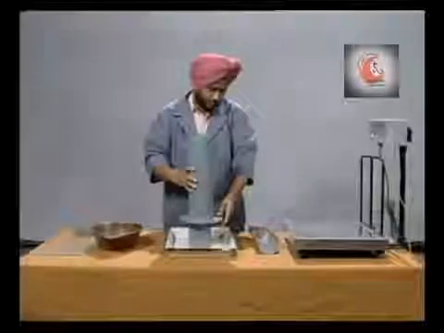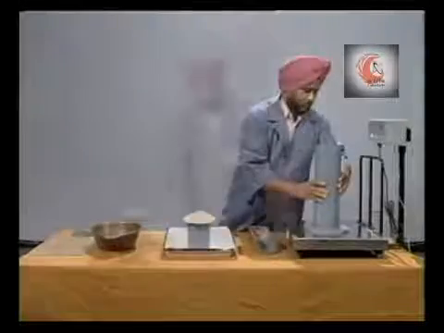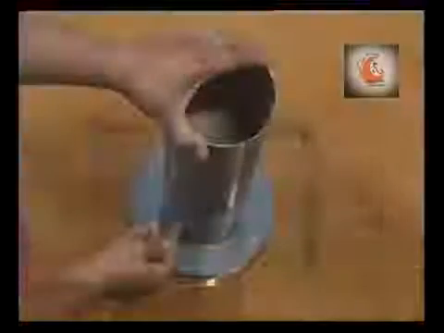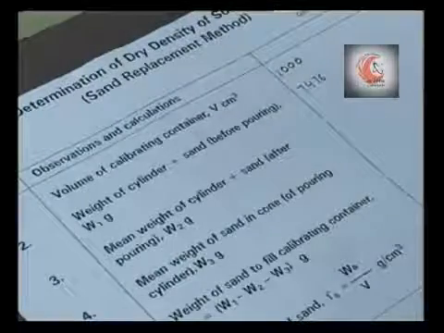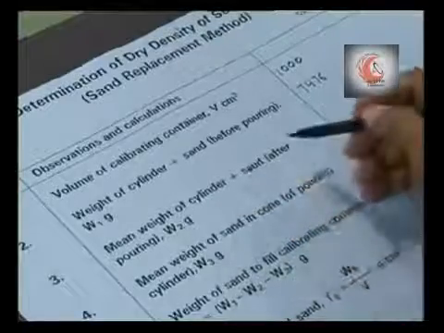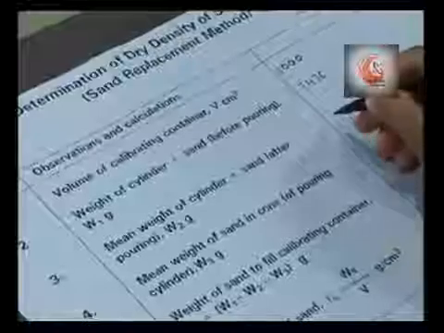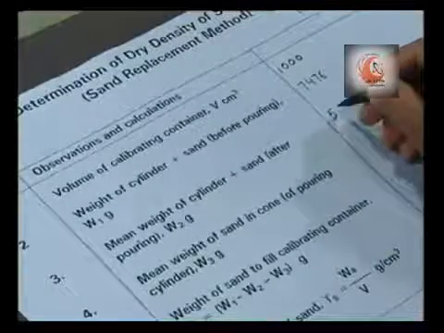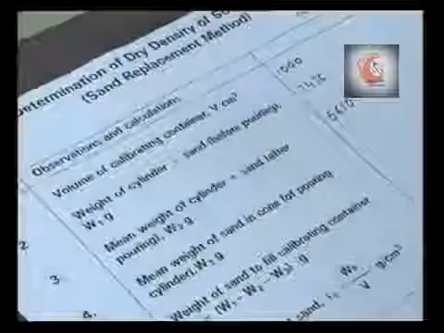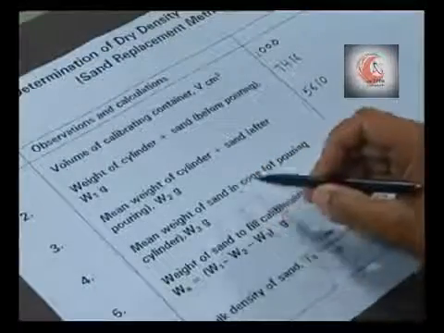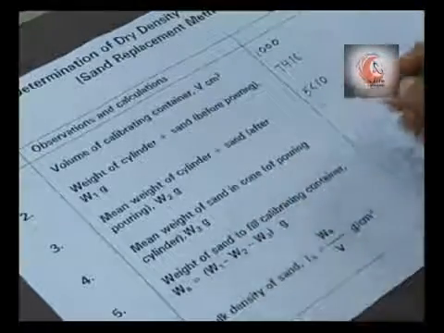Repeat the same operations 2 more times, ensuring same weight of cylinder with sand before pouring. Record the mean weight of cylinder with sand after pouring, that is W2. Record the mean weight of sand in cone of pouring cylinder, that is W3.